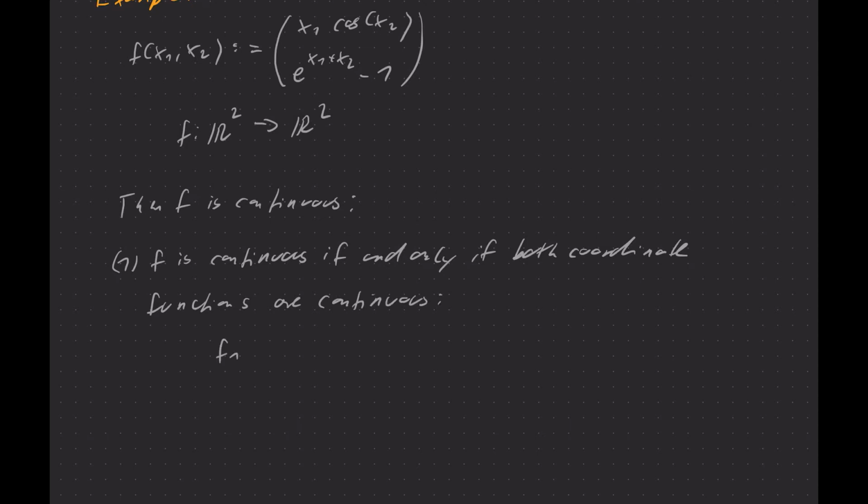And those coordinate functions are f1 of x1, x2 equals x1 times cosine of x2. And the other one is f2 of x1, x2 equals e to the x1 plus x2 minus 1.